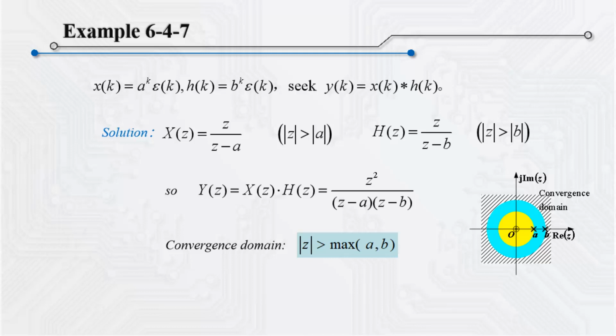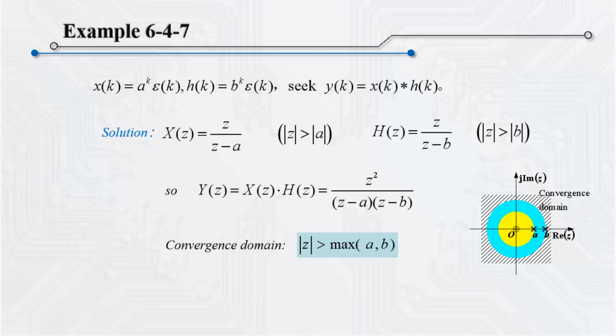After getting this form, if we want to find y of k, we only need to take the inverse z transform of Y of z. Next, we find its inverse z transform. According to the convergence domain, these are two first-order poles. The convergence domain is determined by the position of the outermost, largest pole. In other words, its convergence domain is the area outside this circle.